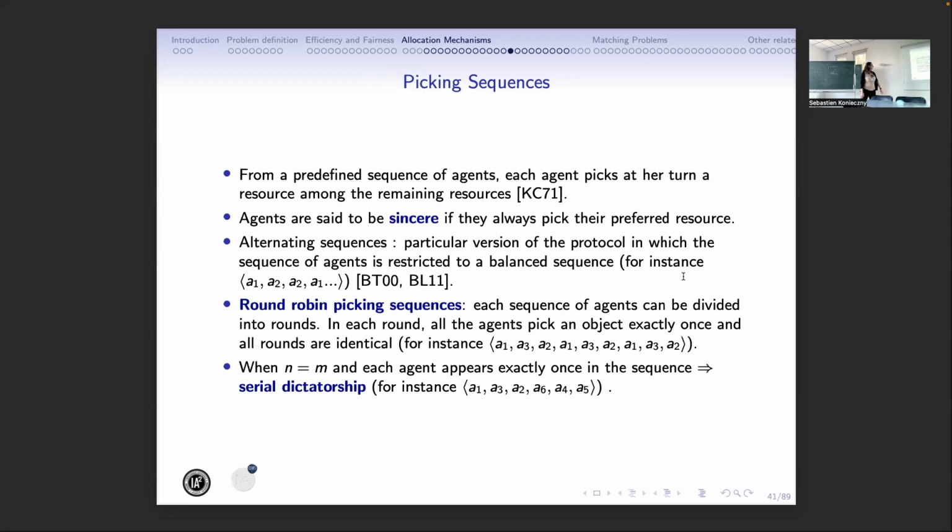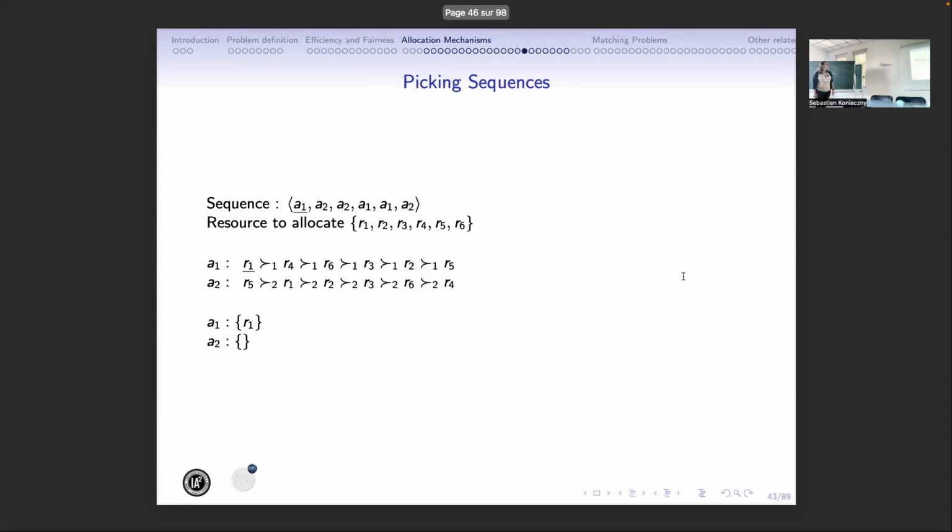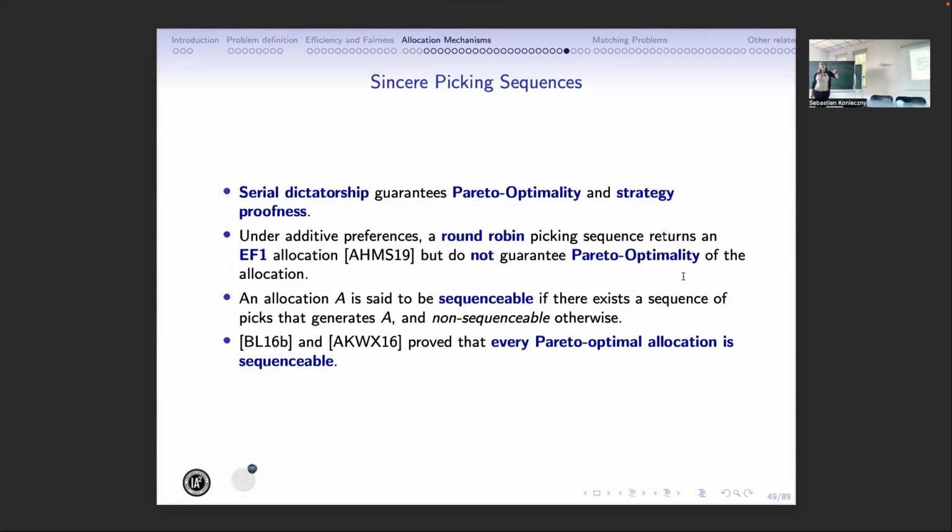So in this case, it is Pareto optimal and strategy proof. In fact, if each agent picks only once, he has no incentive to take another resource than the resource he prefers, because it's the only one he will obtain.